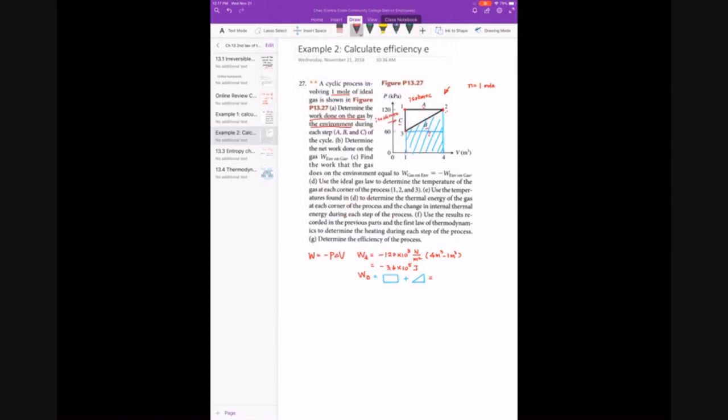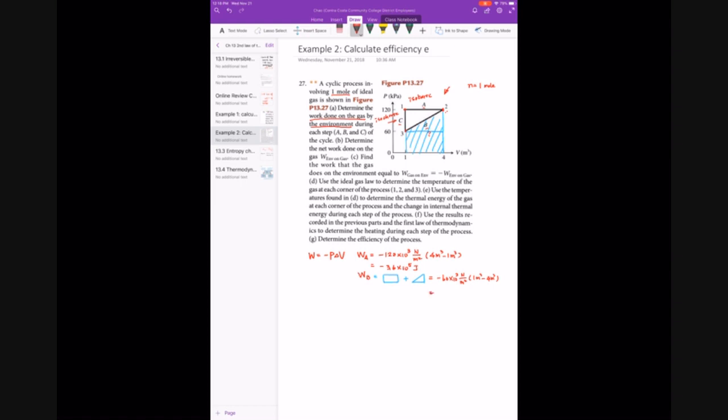So what is the rectangle? Well, for the rectangle, you have negative 60 times 10 to the third Newton per meter square, and the volume is going to be final, the volume at point 3, that is 1 meter cube, minus the initial, which is 4 meter cube. That is the rectangle.